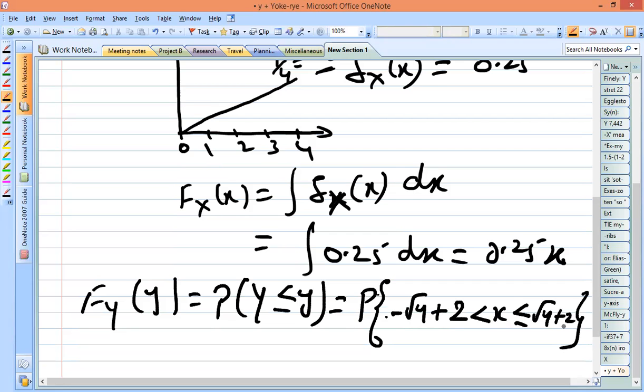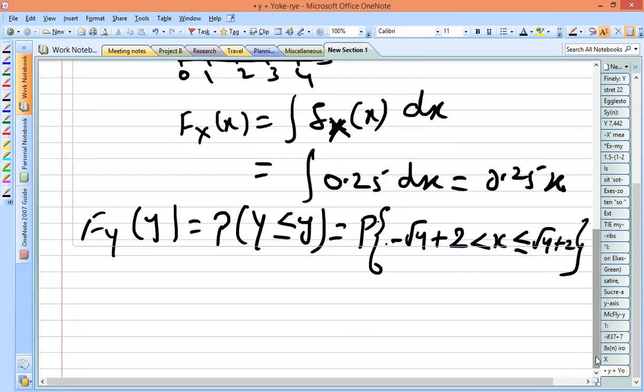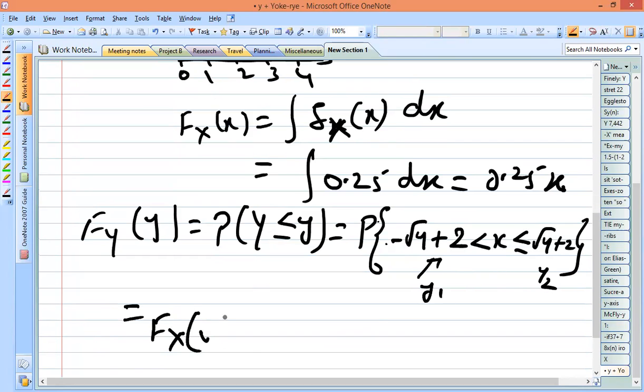Within this range, we need to find the CDF. Once you get the CDF, you can also calculate the PDF using the relation between those two. So we can write this equation as FX of root y plus 2 minus FX of minus root y plus 2.